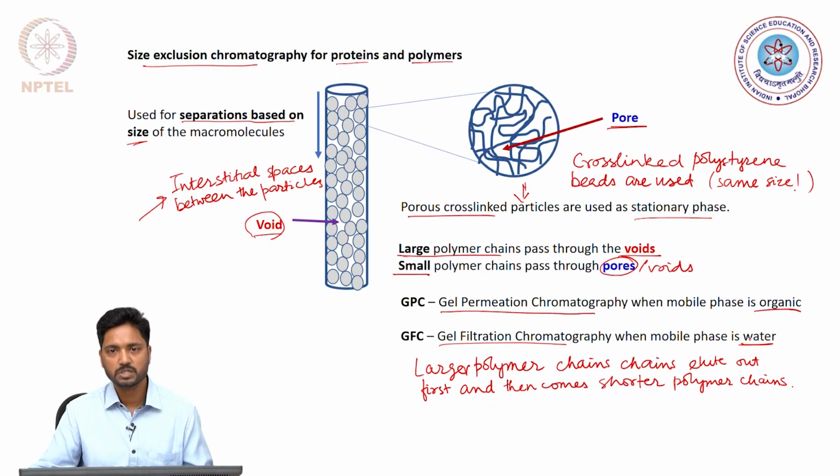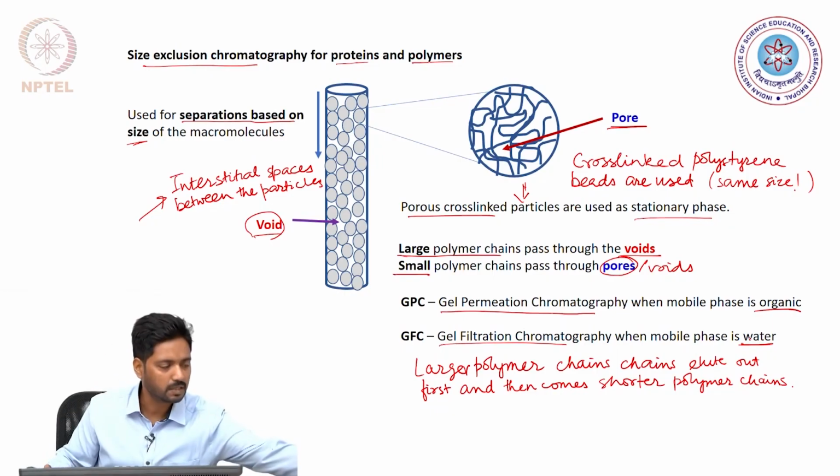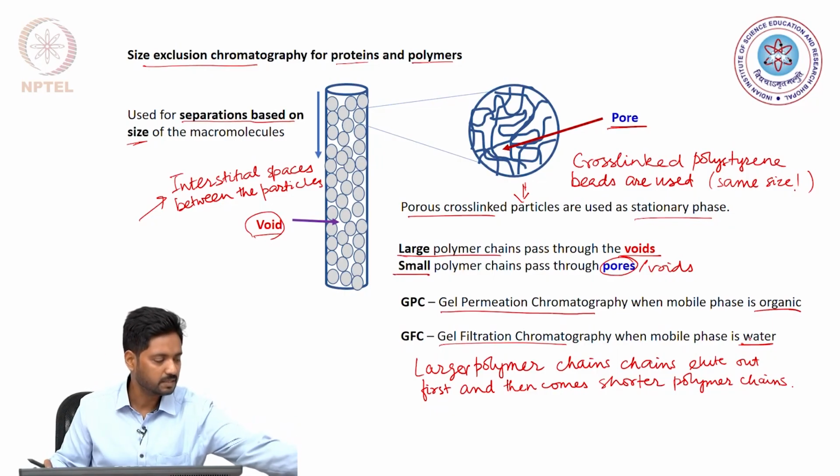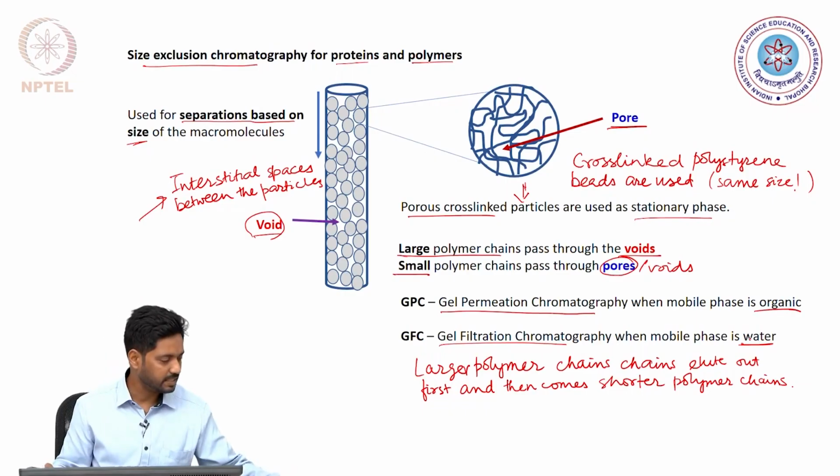Now, let us look at how the particle travels and what is the separation that can be achieved while using gel filtration chromatography or gel permeation chromatography. So, let us go to the board and try to understand this concept.